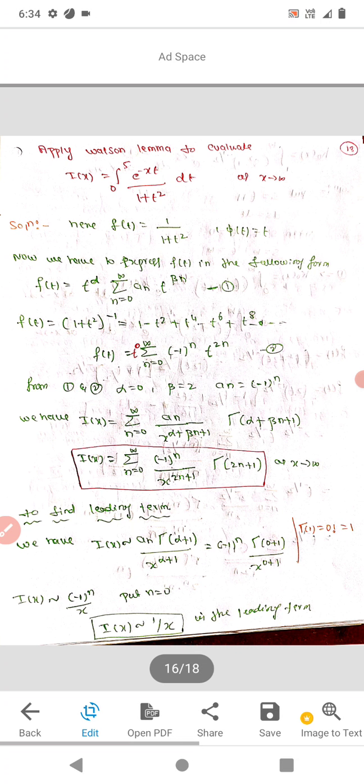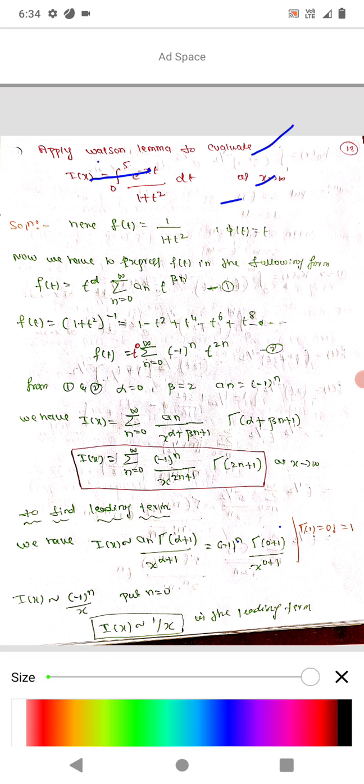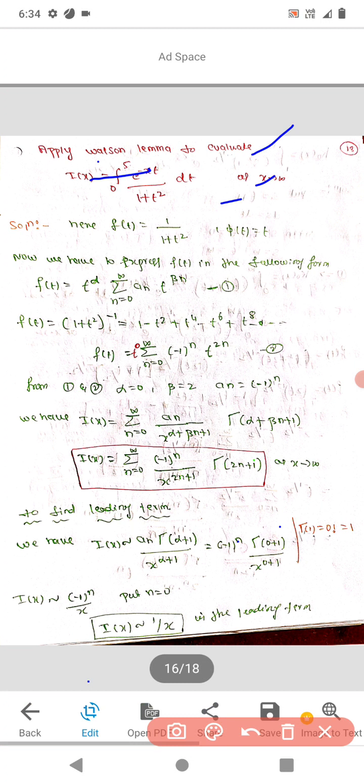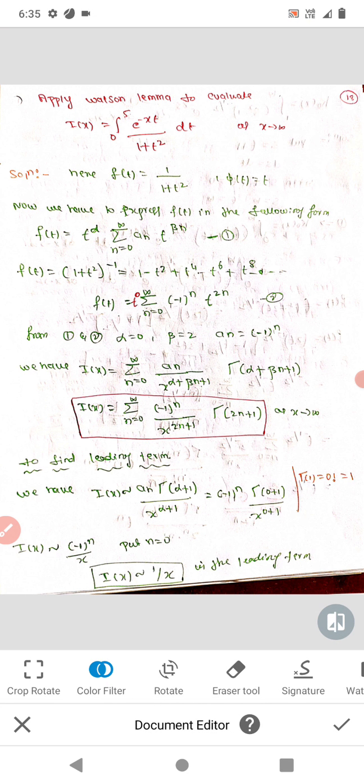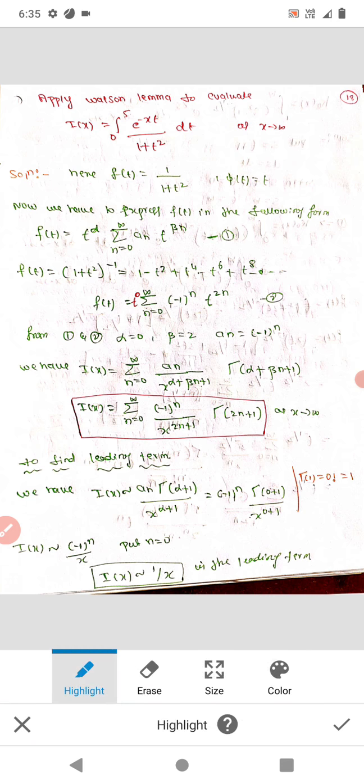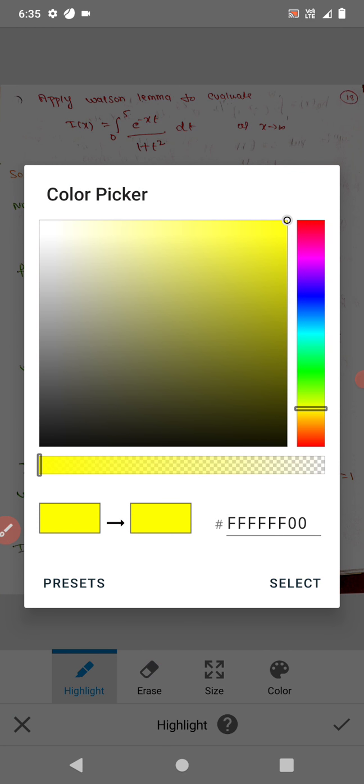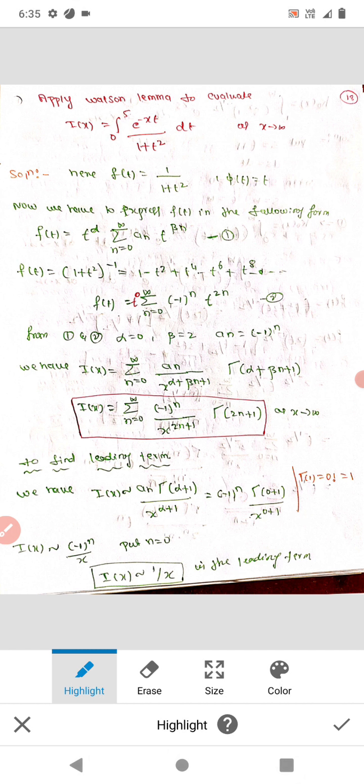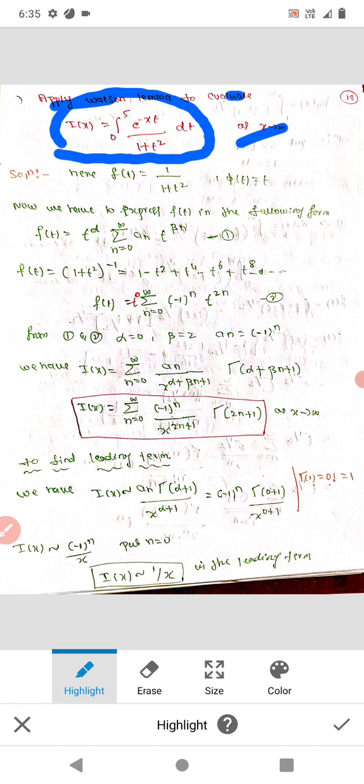So the problem is: apply Watson lemma to evaluate I of x, the integral from 0 to 5 of e to the power minus xt divided by 1 plus t square dt, as x tends to infinity.